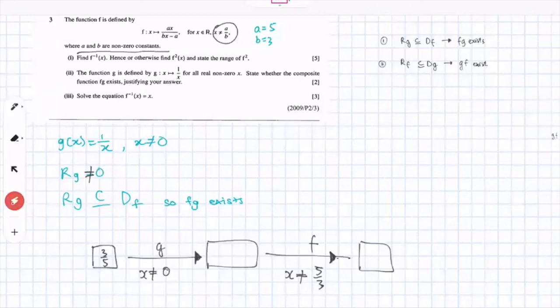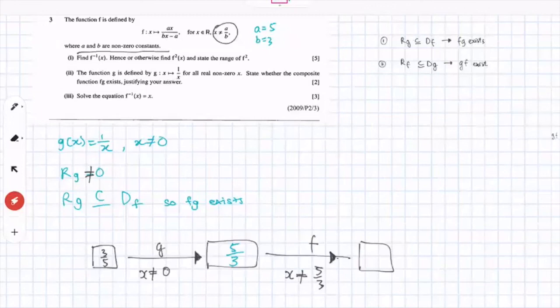What will be here? G is 1 over X, right? You flip it. How much here? This is 5 over 3. Then it's wrong already. You just prove something is wrong, then you say it doesn't exist.